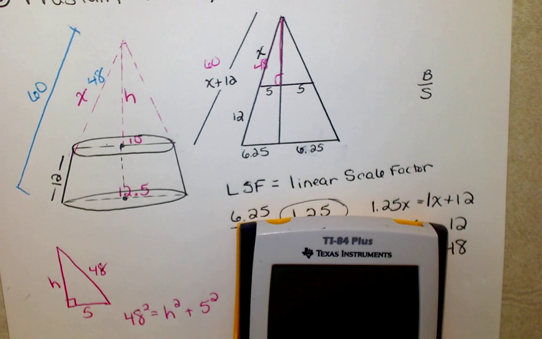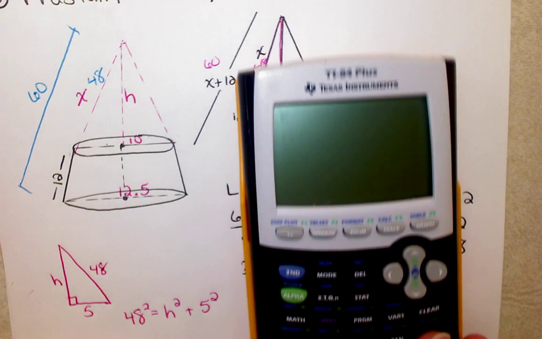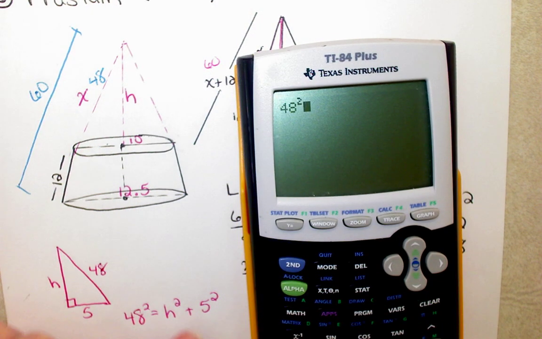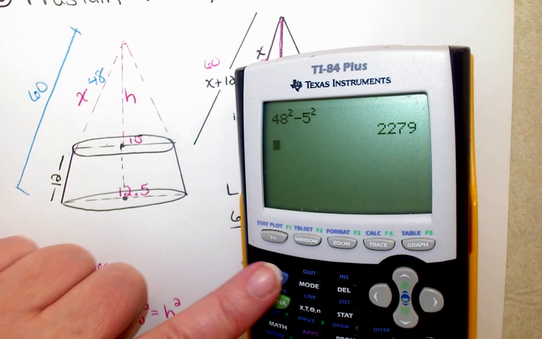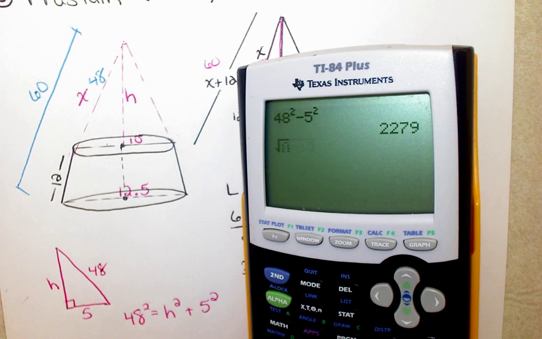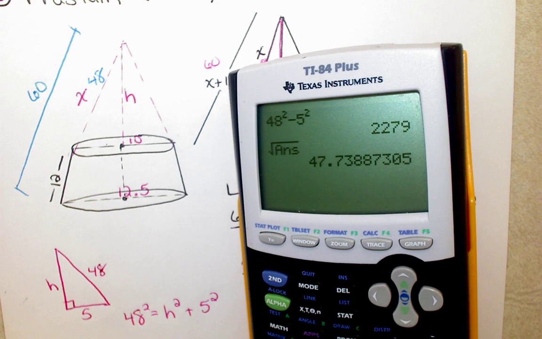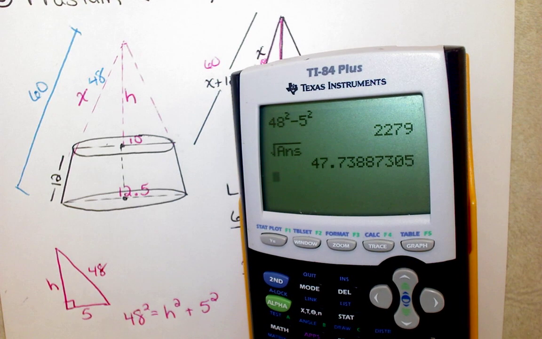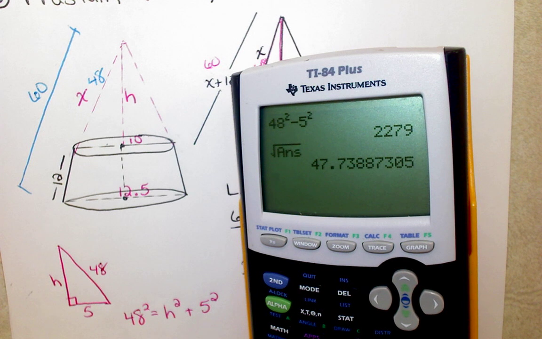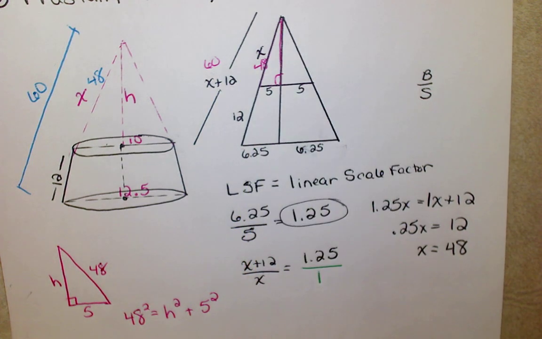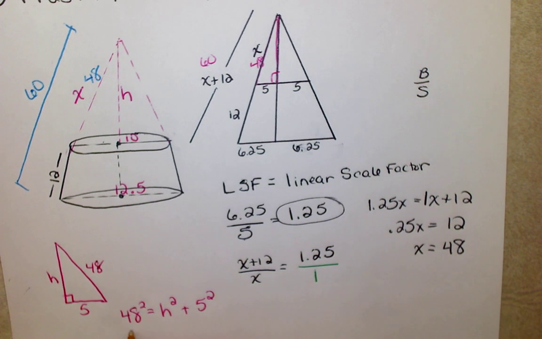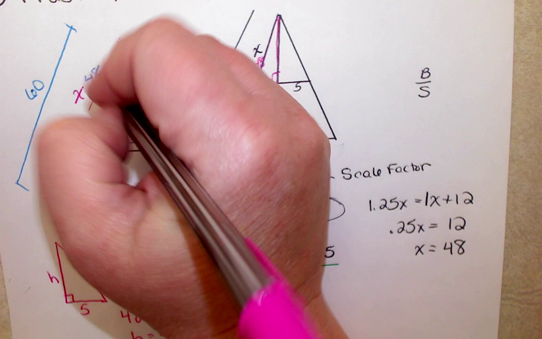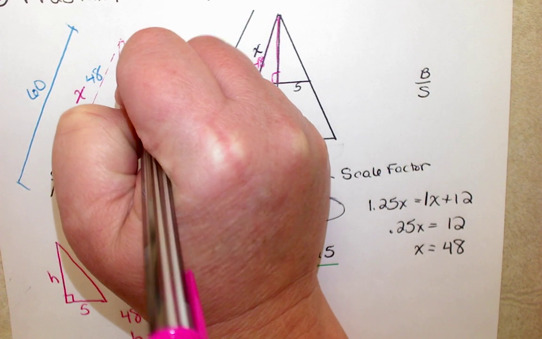So 48 squared minus 5 squared gives us 2279, and I'm going to take the square root of that. They want 2 decimals, so we're going to round to 2 decimals. So that's going to give me 47.74. So that's the height of the little one, 47.74.